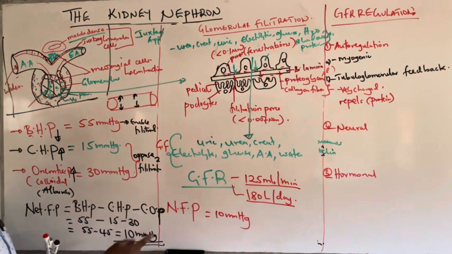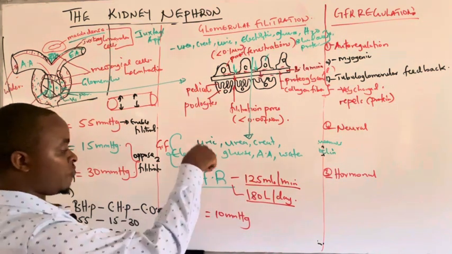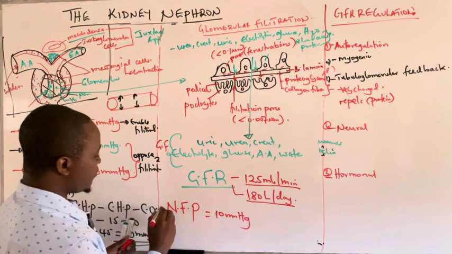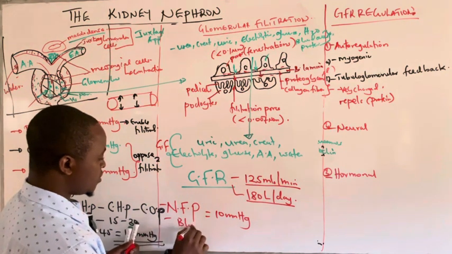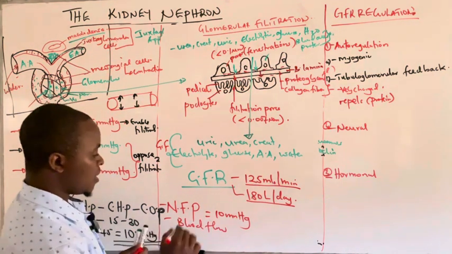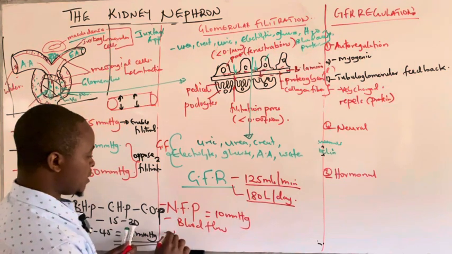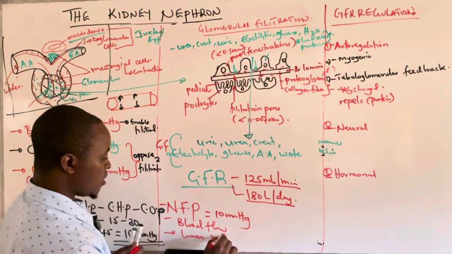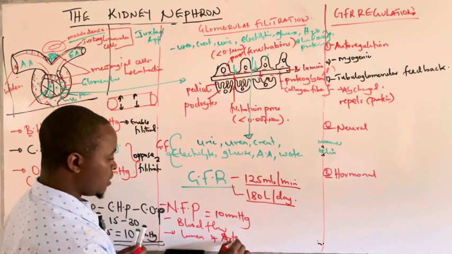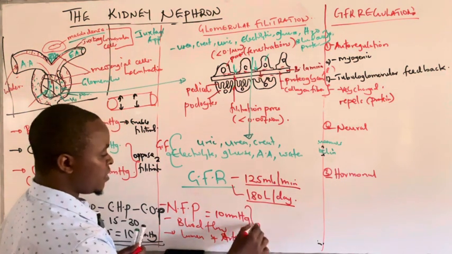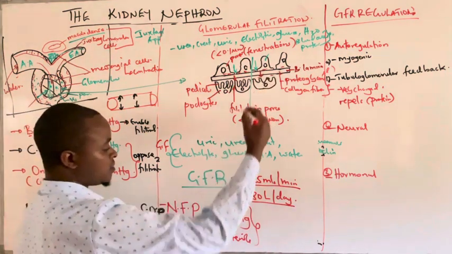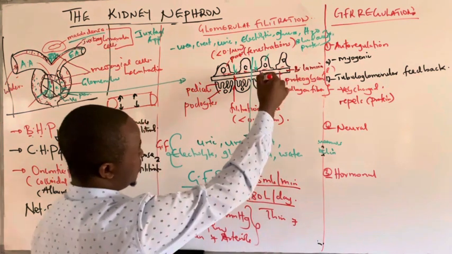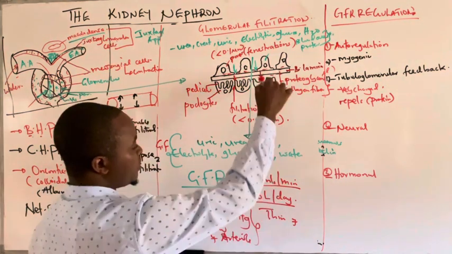So we are seeing that the net filtration pressure is also affected, apart from the blood flow, by other factors: blood flow to the glomerulus, the size of the lumen of the arterioles bringing in blood, and even the thinness of the epithelium of the glomerulus.